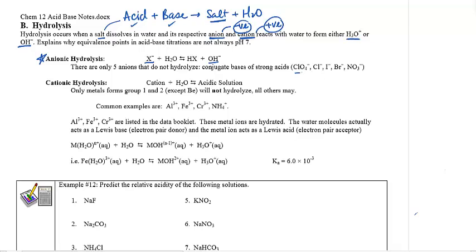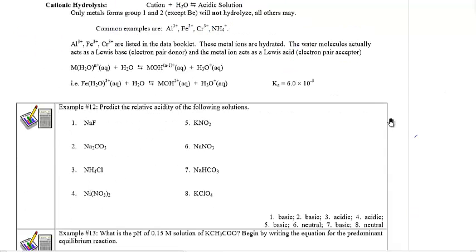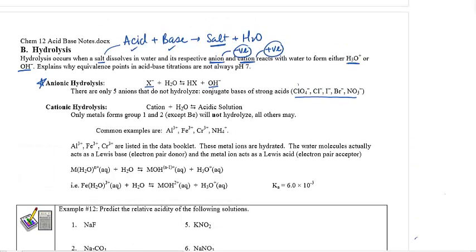If you take a look at this list over here, you have ClO4-, which comes from HClO4, which is a strong acid. You have Cl-, which comes from HCl, which is a strong acid. You have I-, which comes from HI, which is considered a strong acid.